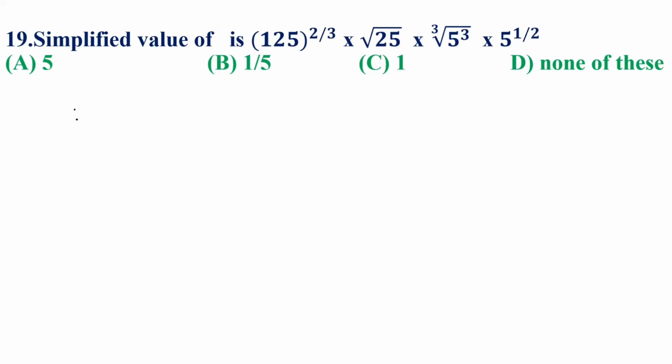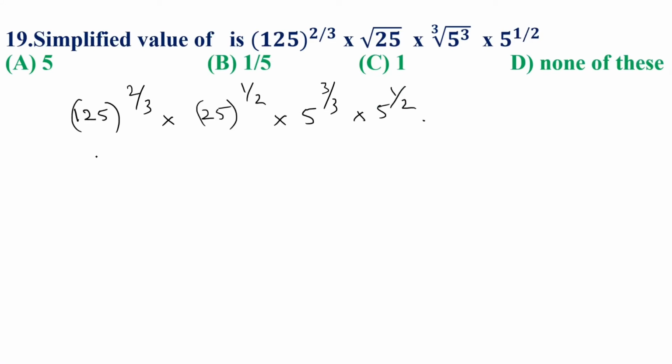They have given us 125 whole to the power of 2 by 3 into 25 root means 1 by 2 into 5 cube means 3 by 3 into 5 to the power of 5 cube whole to the power of 2 by 3. 3 will be cancelled. Here 5 square means 5 to the power of 1 will be present.